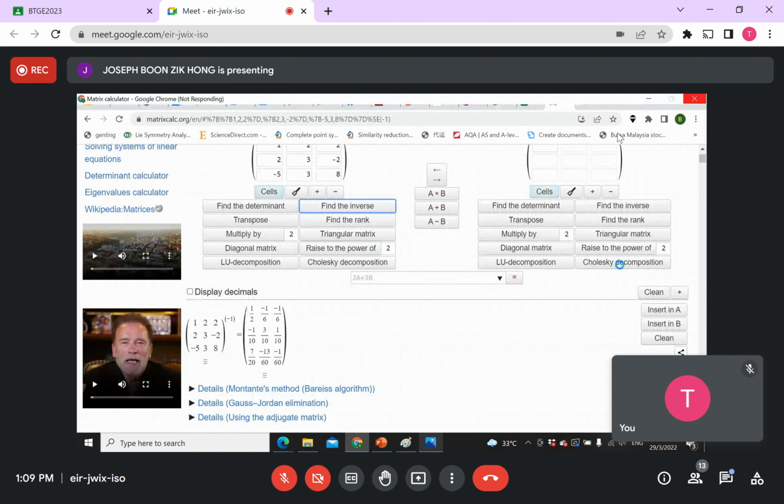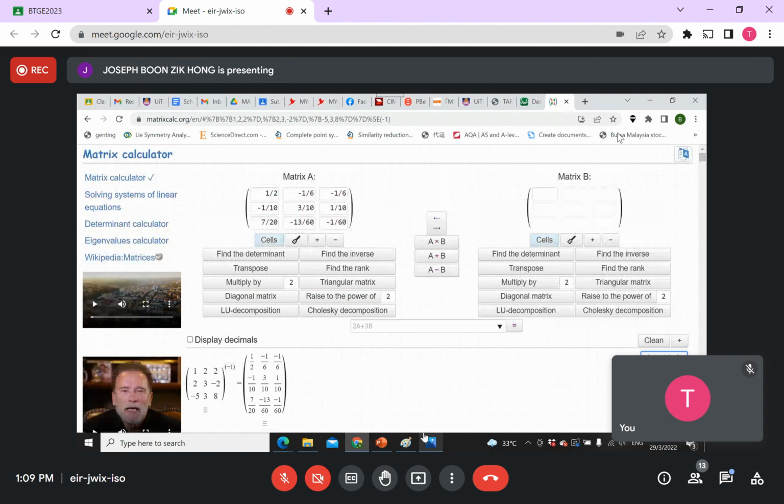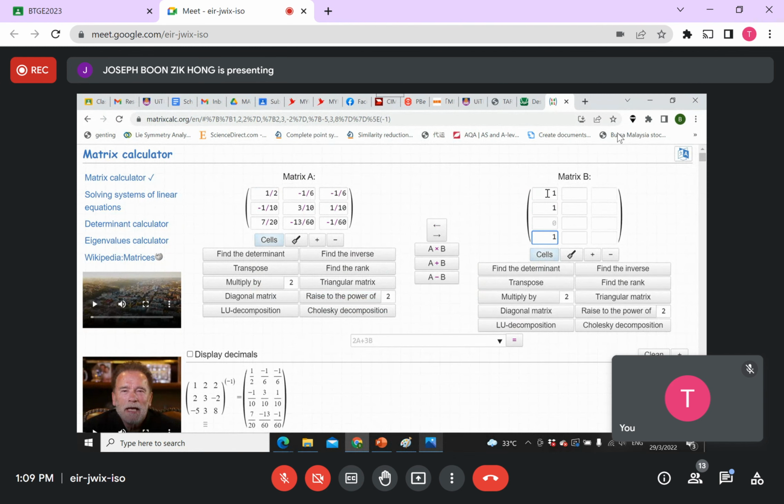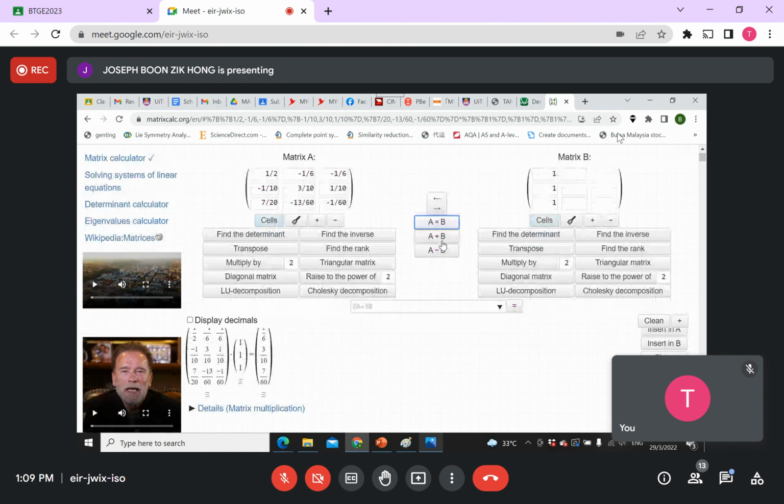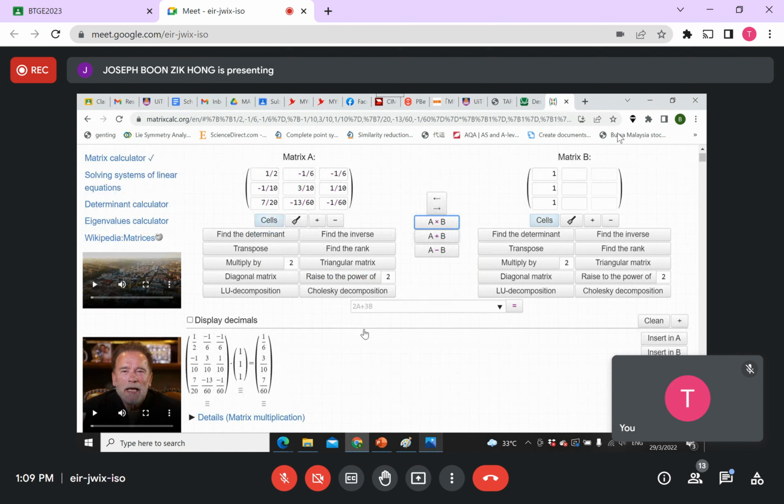Okay, inverse, we insert this one as A. Your calculator also has this function. Okay, so we times with 1, 1, 1. So we get the A cross B. Okay, A cross B. How to change it to decimal?